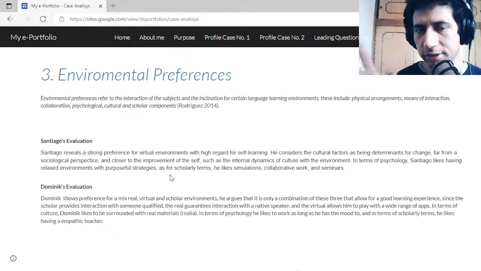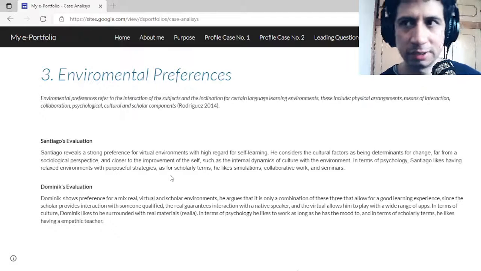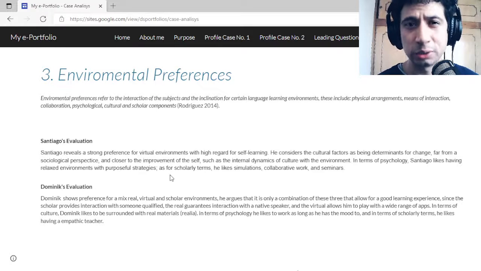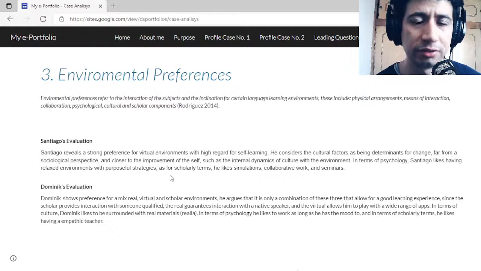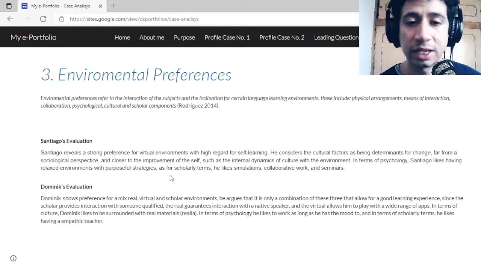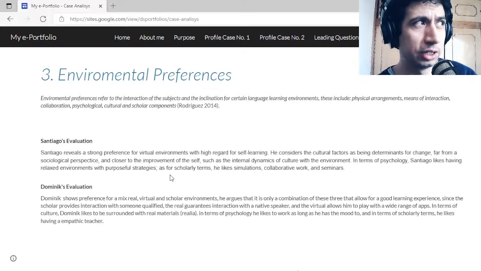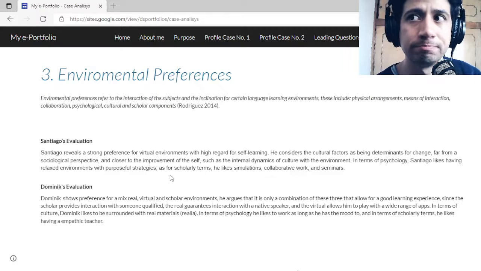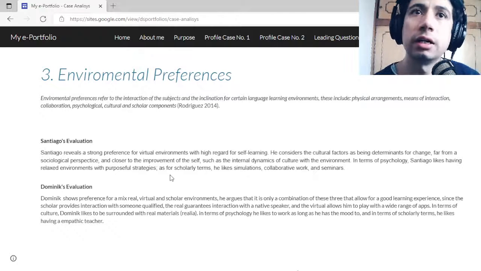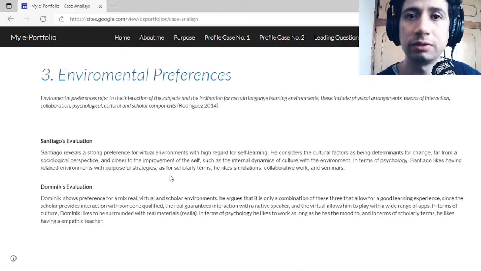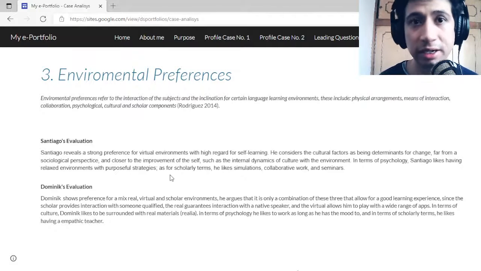Environmental preferences, I already talked a little bit about this, and it's that I prefer virtual environments, whereas Dominik prefers a combination of the three. In terms of psychology, I like relaxed environments. I don't like to have pressure from others. In terms of culture, I like to apply culture from the language I'm learning to the comparative differences with my own culture.